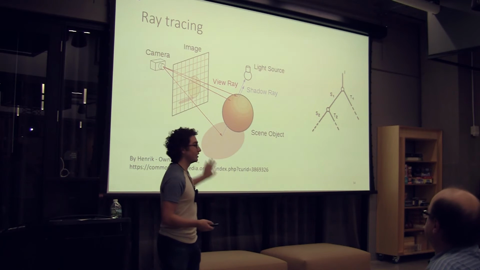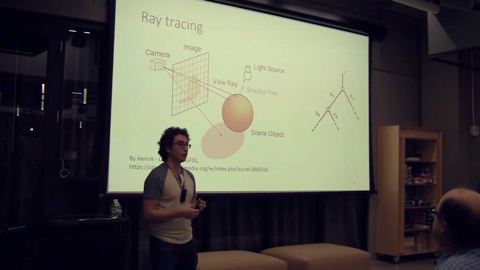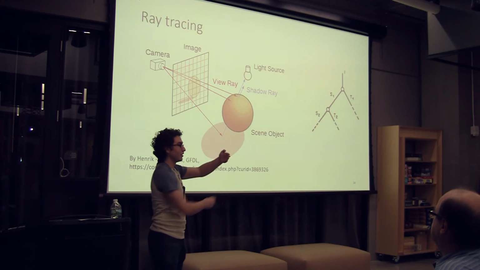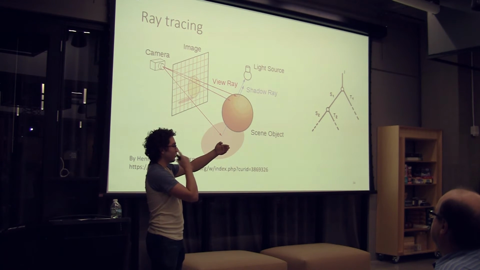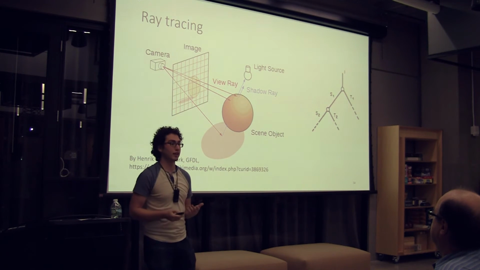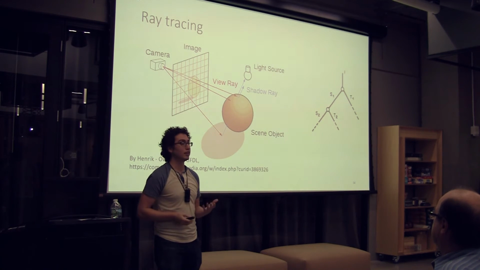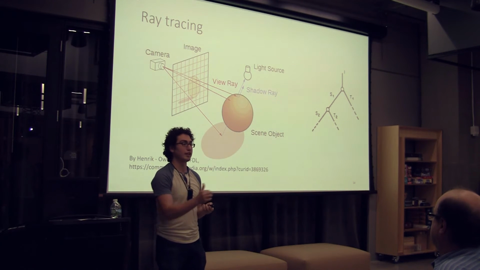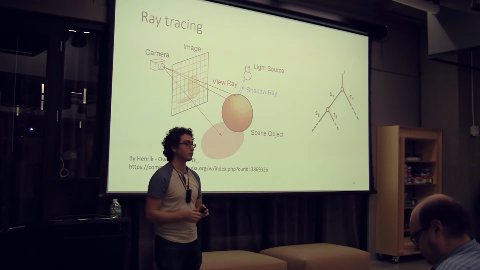It is this idea. And so the way that it works is that we have our eye, and we have our image, and we have objects out there. And we shoot a ray starting at the eye, going through each pixel, and we're going to see what it intersects out in the scene. And the first thing it intersects with is going to be our x prime for how much light is coming back towards the viewer.